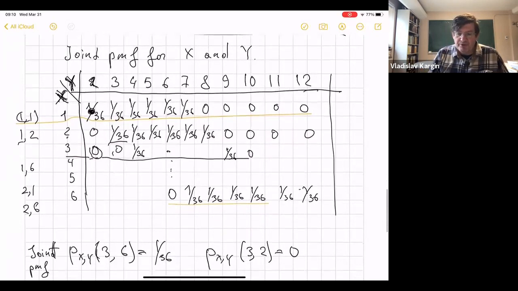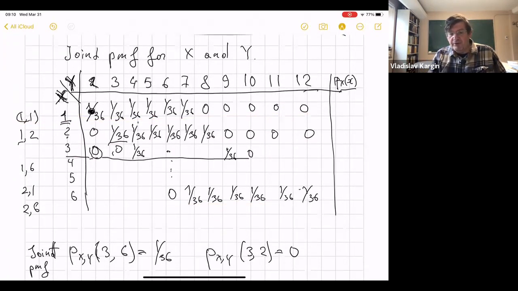For example, for x equal to 1, we sum over the whole row: y equal to 2, y equal to 3, y equal to 4, y equal to 5, y equal to 6, y equal to 7, and so on. So the sum is 1/36 continued 6 times, so the sum will be 1/6.